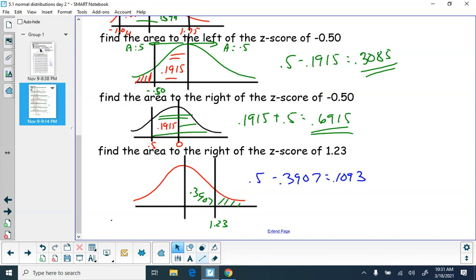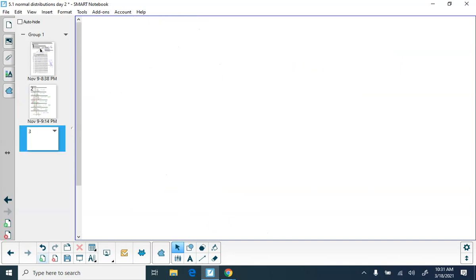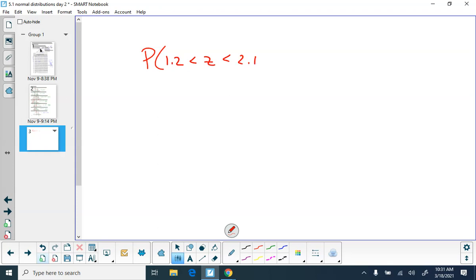Problem 14 is the probability that the z-score is between 1.2 and 2.1.